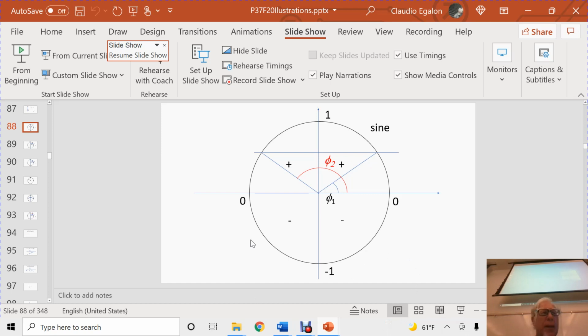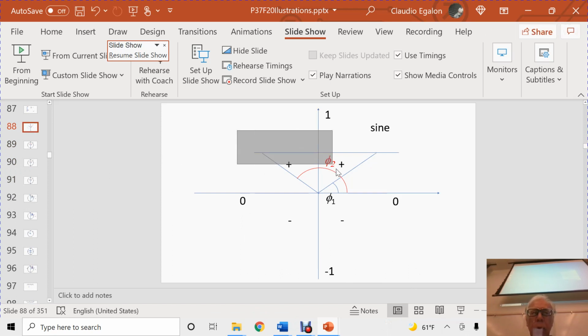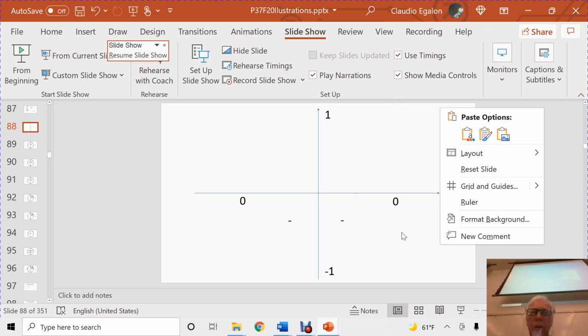Okay, that's the trigonometric circle, right? I'm gonna do it step by step here, so you don't get overwhelmed with all those symbols. I'm gonna take out the trigonometric circle. Everybody knows about the trigonometric circle, right? Now we start with the x and y axis.